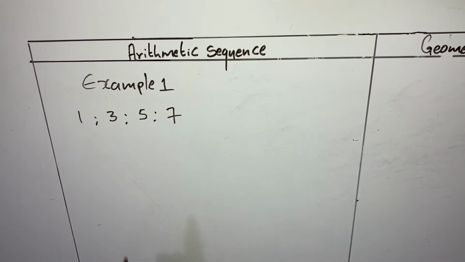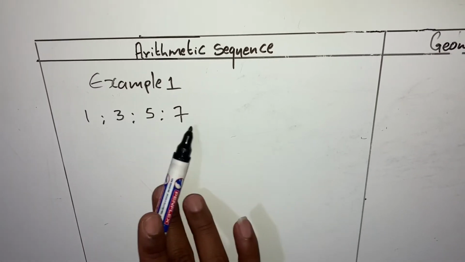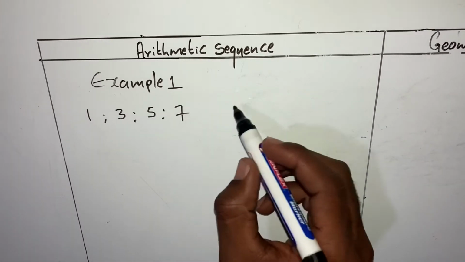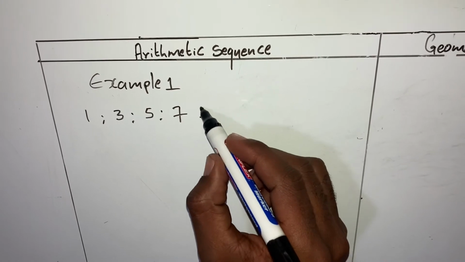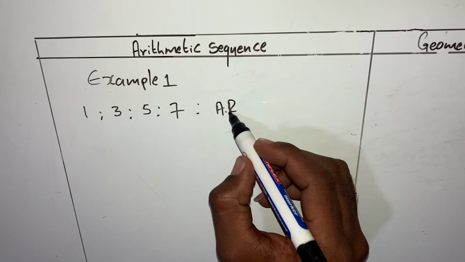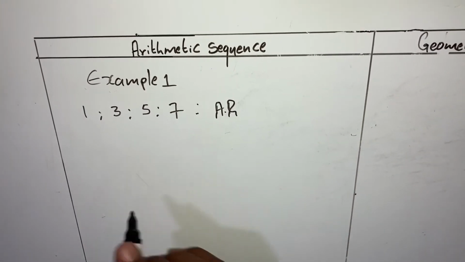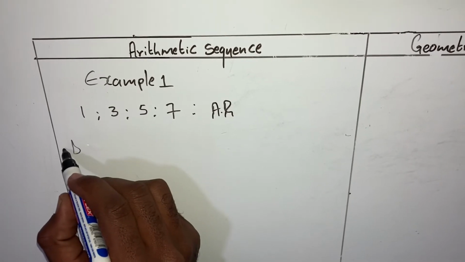So we are given this sequence 1, 3, 5, 7, and it's an arithmetic sequence. So to have a question that will say determine the sum, let's just go for part A.